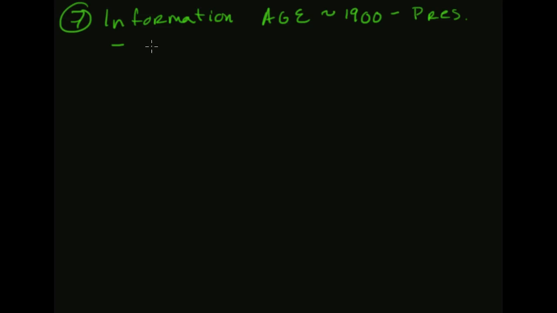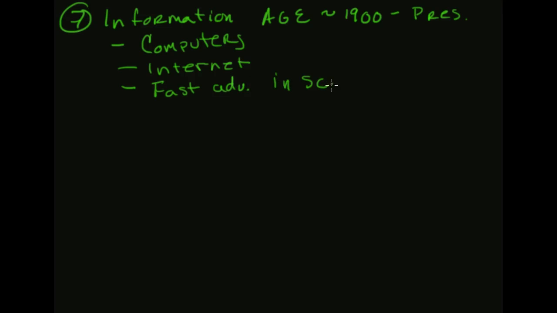This is centered around the advent of computers, and the internet has definitely changed our world. This is a period that's marked with fast advances, or at least changes, in science and tech. It's amazing how fast things are changing at this point.